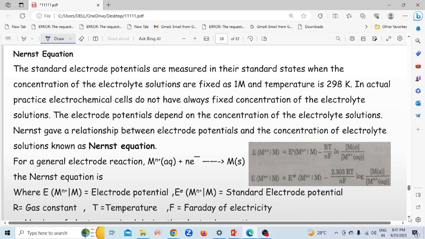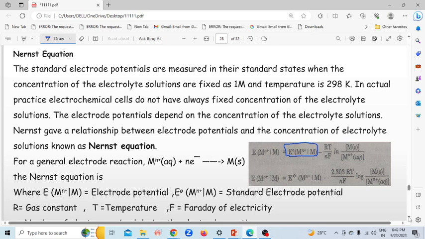So the Nernst equation, I think, is already explained. This is the standard potential as we discussed just now, but your concentration can vary and your temperature can vary, so your electrode potential will also vary.